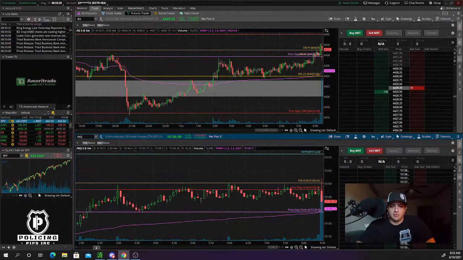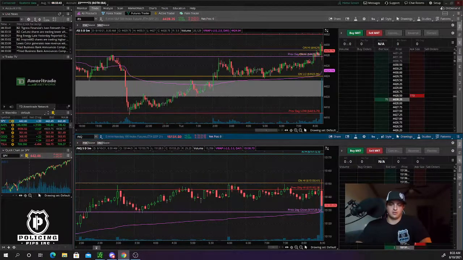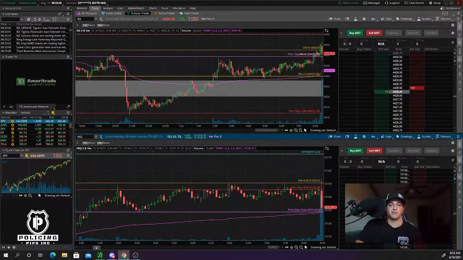Everything's up at the moment though, percent wise. Small, little bit. Oil's up 1.5%, which is not small, but all the equities, the S&P's up less than half of a percent. It's really flat on the open. There we go.